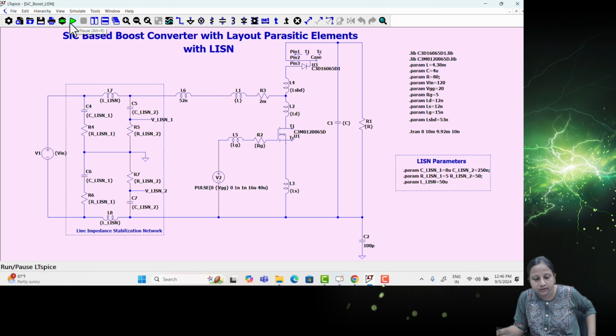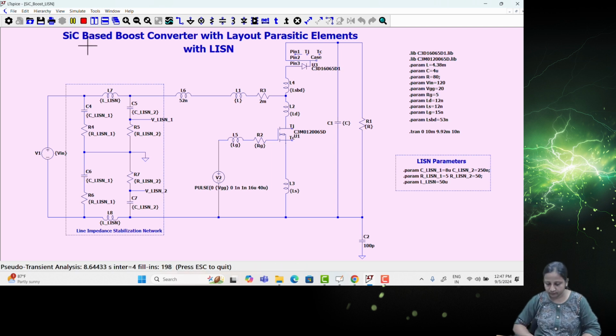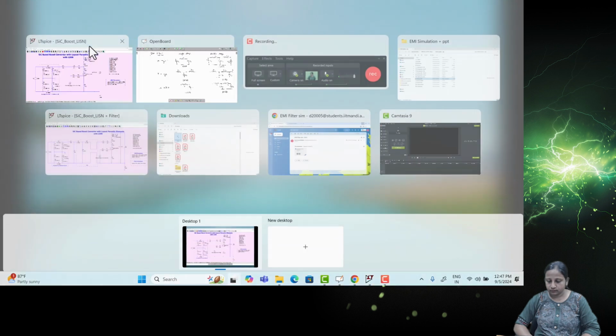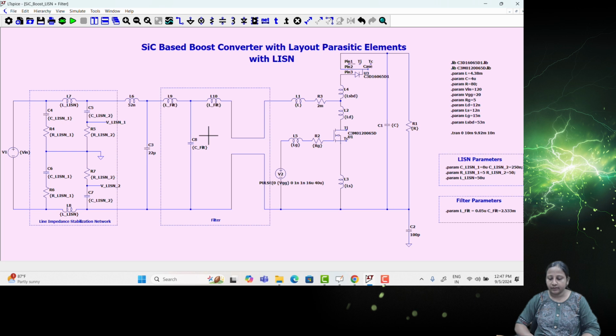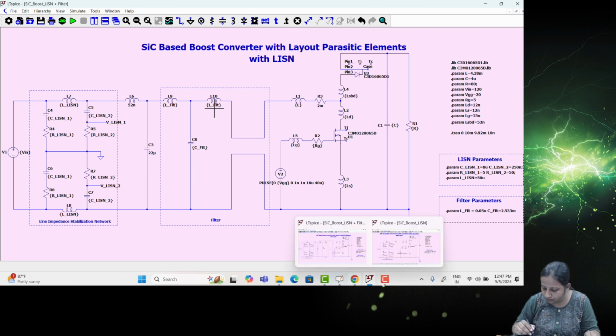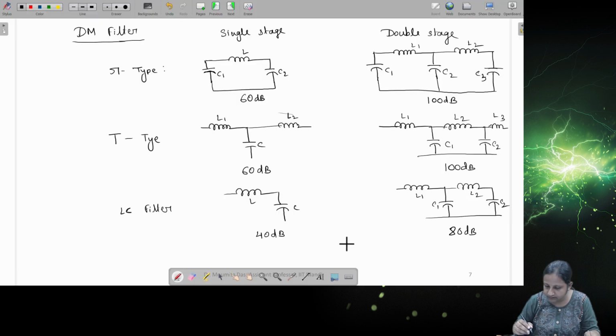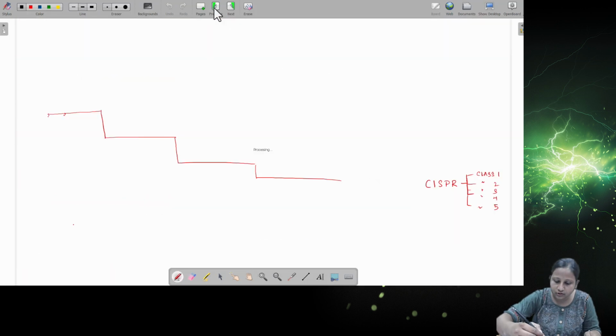The filter part we'll just open now. And this is with filter. Okay, let's see. You can see here an LCL type of filter is connected. If I go back to the presentation, you can check here.